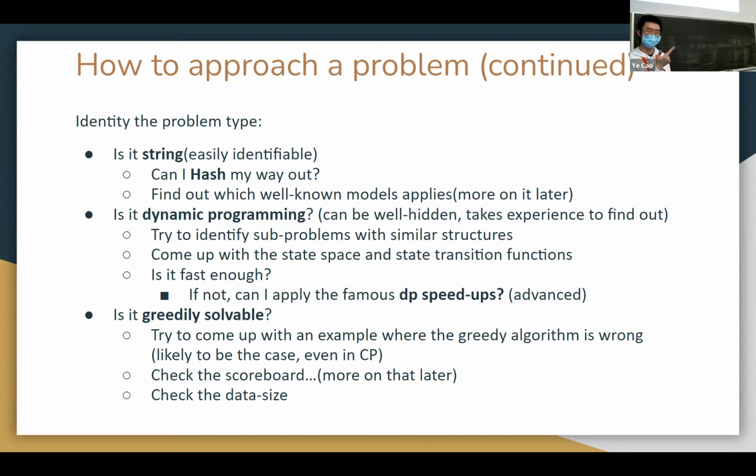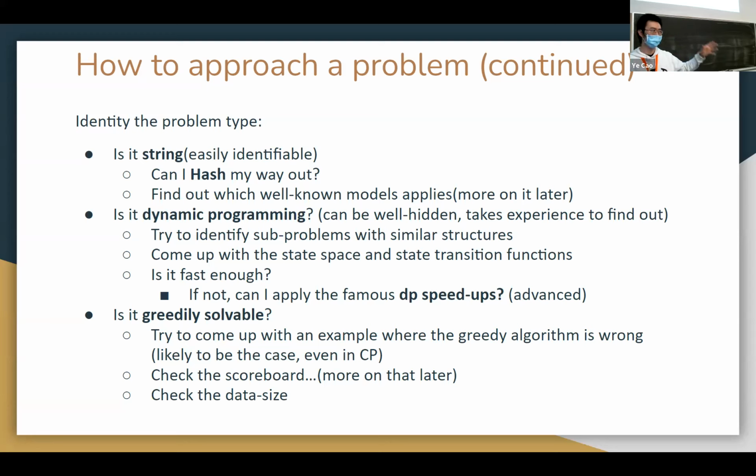And most of the time, after you come up with the state space and state transition function, you're done constructing an algorithm. Before you type it up, ask yourself, is this fast enough? Most of the time it will be fast enough because there isn't a lot of flexibility about what the states and state transition functions are.